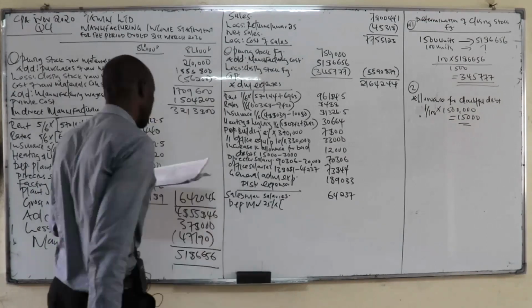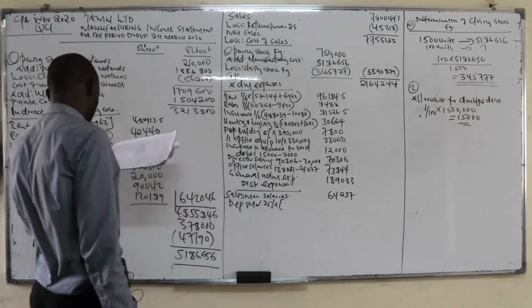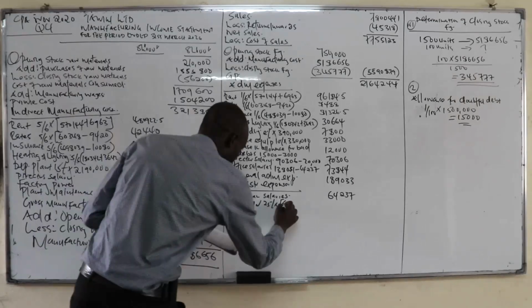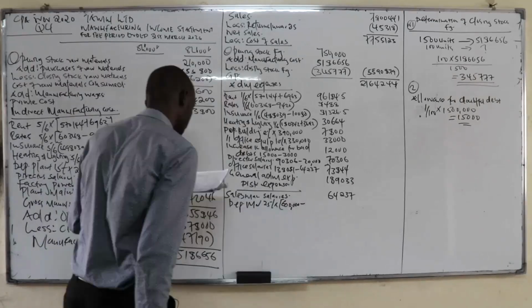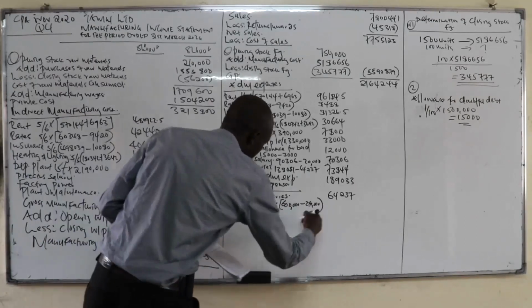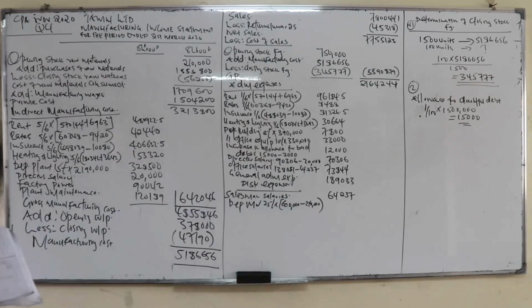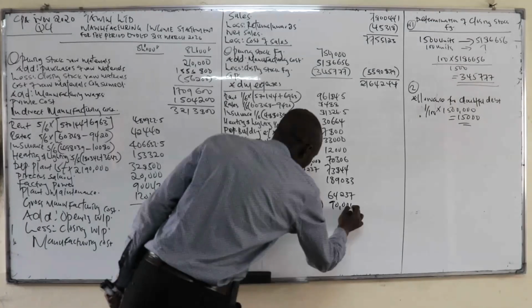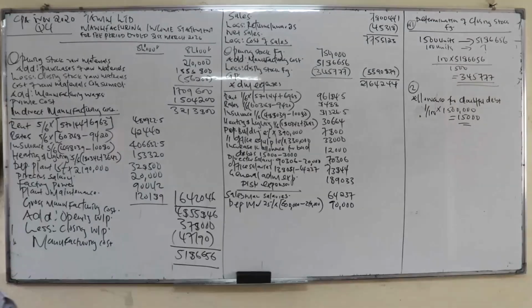The cost is how much of the motor vehicle? 600,000, and then you deduct 240. That is a reducing balance, isn't it? So how much do you get? 50. I don't know if we agree. We are okay, aren't we?